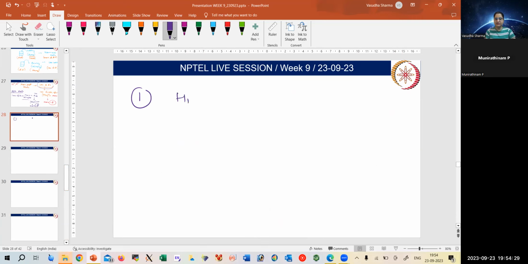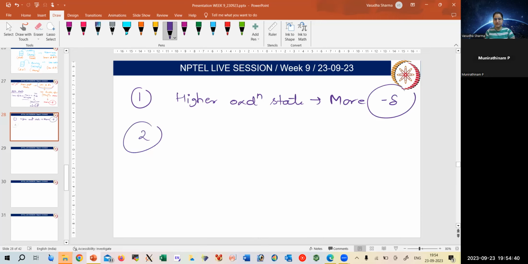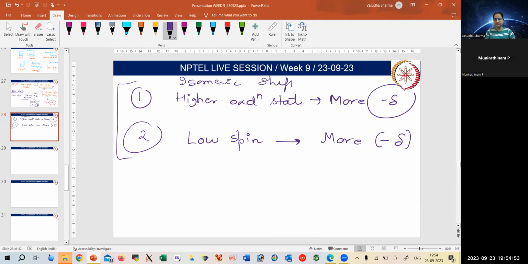Firstly, higher oxidation state, when all the parameters are constant, is going to have more negative delta. And if low spin complexes are there, that is also going to have more negative delta. So this is the effect on isomer shift. Is this clear now?